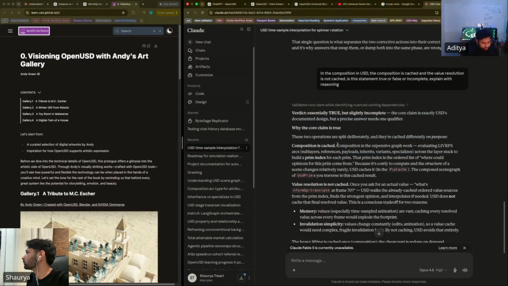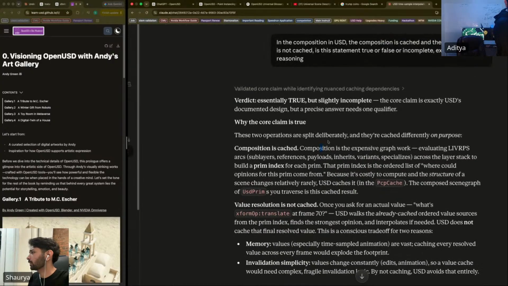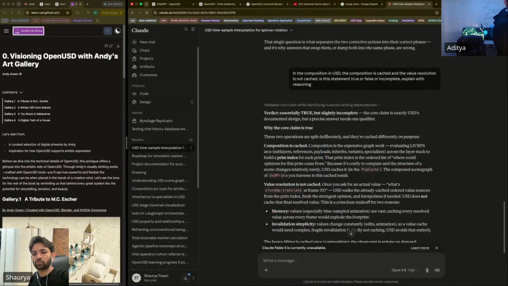Okay. So this is the caching thing that we are getting confused on. Composition is expensive work that evaluates the arcs across the layer stack to build a prim index for each prim. That prim index is an ordered list of where opinions could come from.